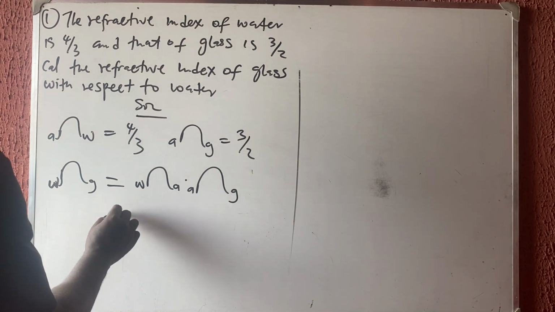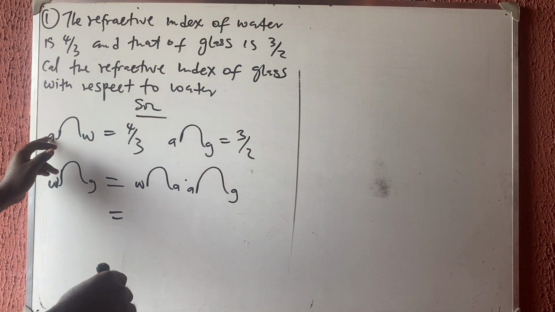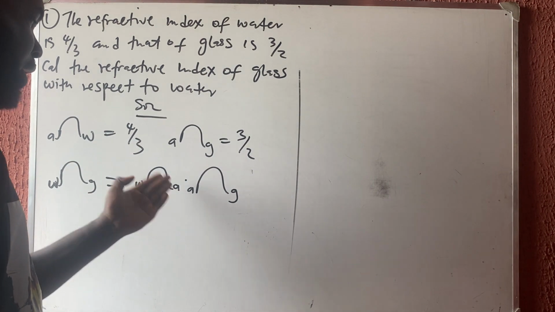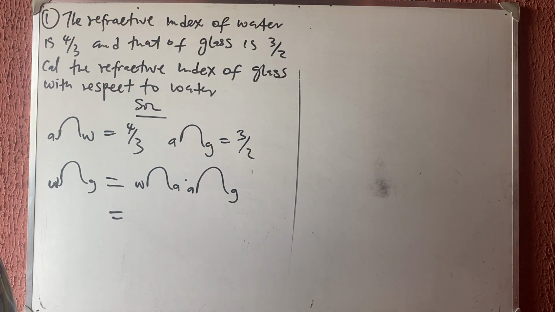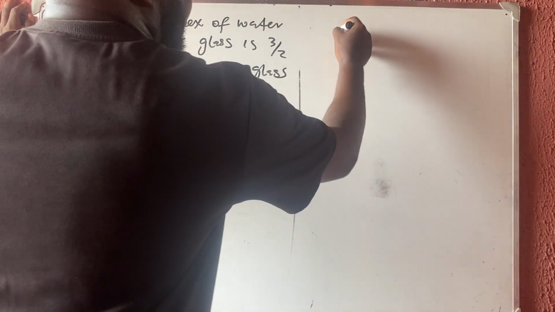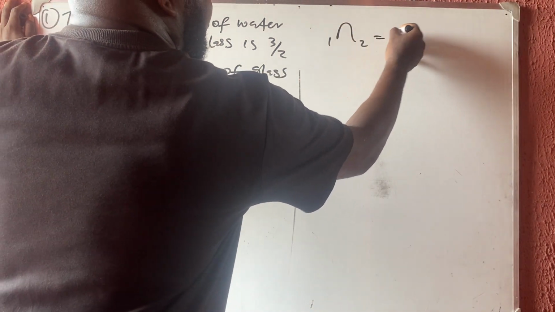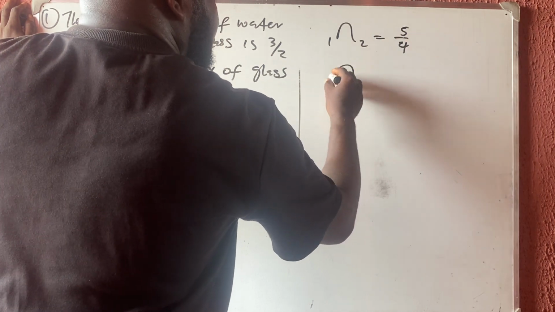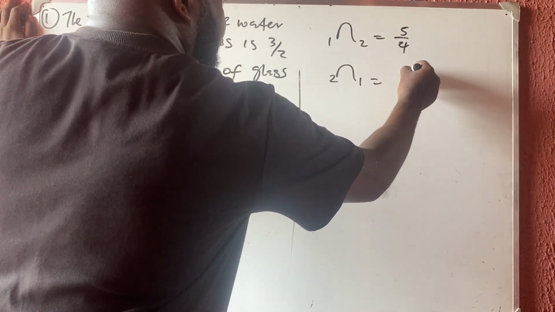Now, since I have that from air to water is 4/3, what do you think from water to air should be? If you remember, I told you that if the refractive index from 1 to 2 is 5/4, then if you change from 2 to 1, it will turn around. It's going to be 4/5.